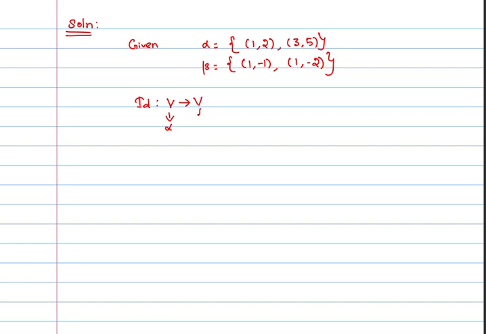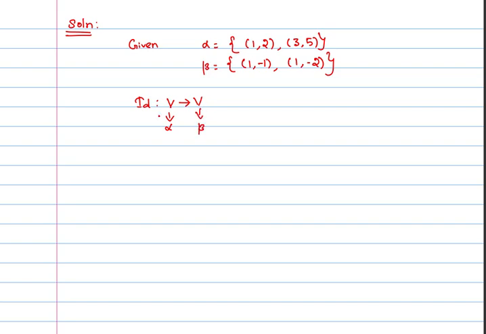What is alpha? The given is alpha equal to (1,2), (3,5) and beta is (1,-1), (1,-2). Now I want to define one identity transformation from V to V. Here the basis is alpha, here the basis is beta.